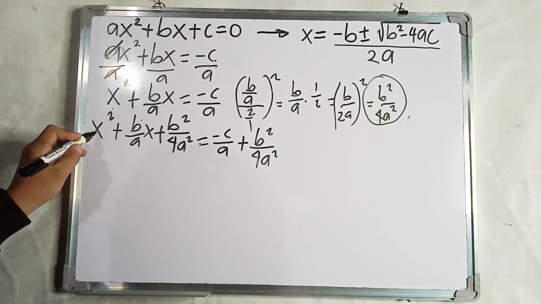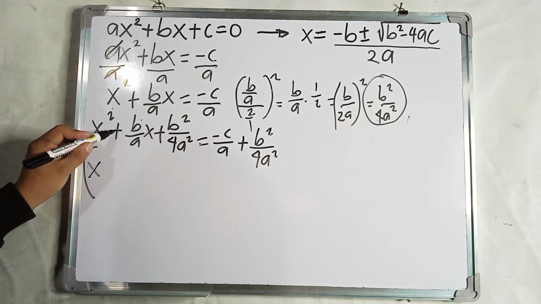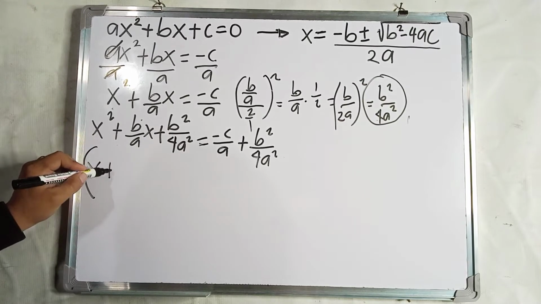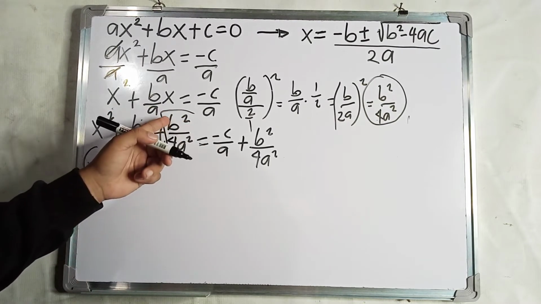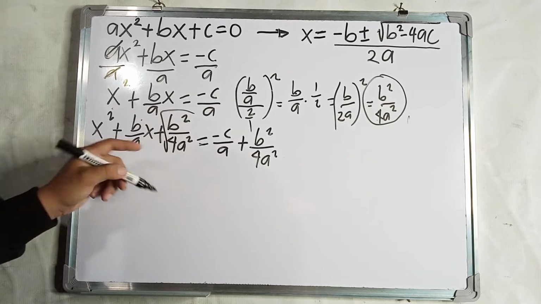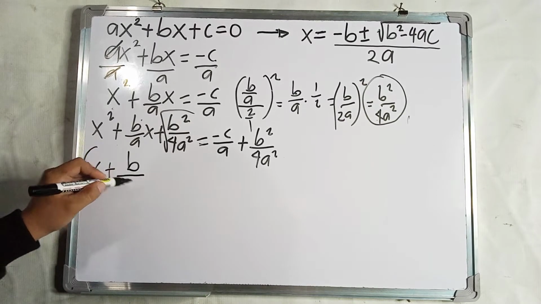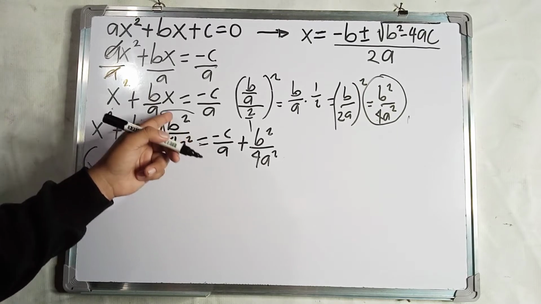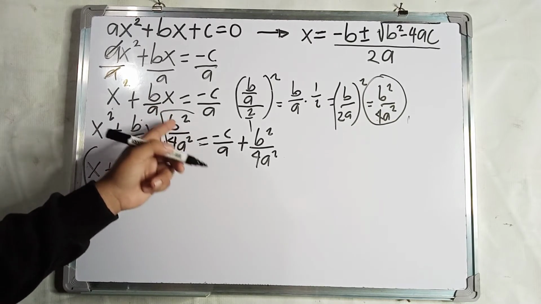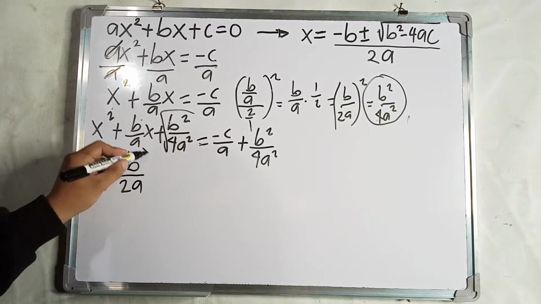So we copy the x, then parenthesis x, since the sign of the middle is plus. Next we square root this term. The square root of b squared is b, since squaring and square root are inverses, over the square root of 4 which is 2, and the square root of a squared is only a. So x plus b over 2a is squared.